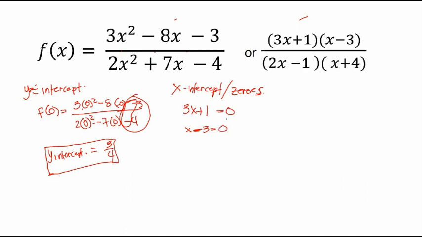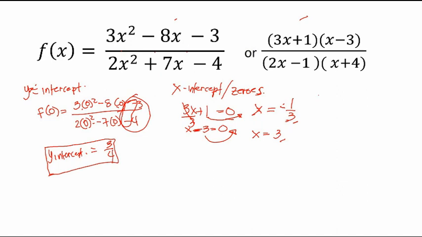So, pag in-equate mo yung sa 0, transpose 1, divided by 3 para mawala. So, magkakaroon ka ng x is equal to negative 1/3. Pag tinranspose mo yung positive 1, magiging negative 1, i-divide mo sa 3, makukuha mo si 1/3. Pangalawa naman, x is equal to positive 3 kasi itatranspose mo lang si 3. So, the x-intercept or the zeros of the function is negative 1/3 and then 3.